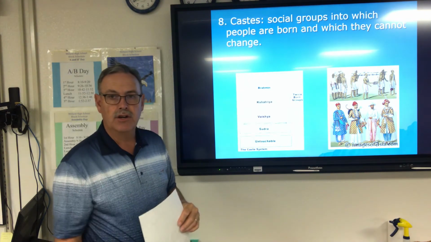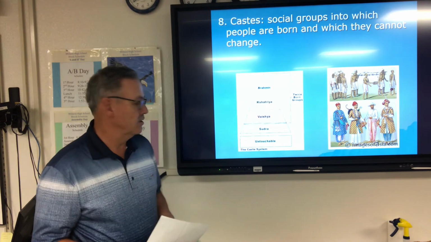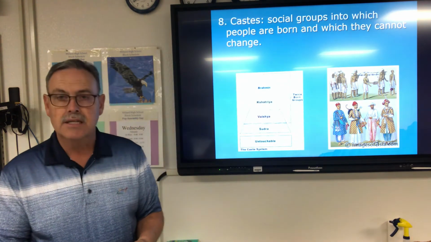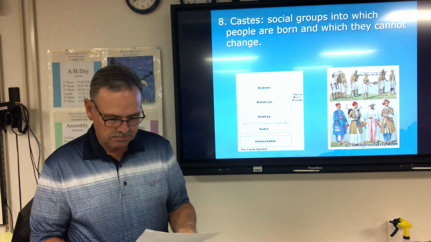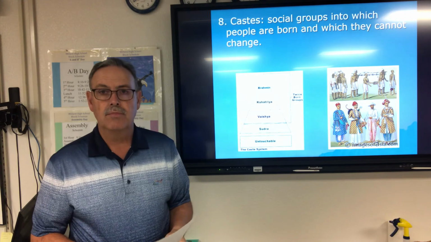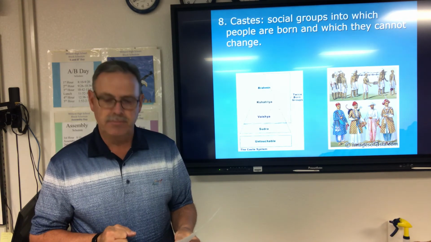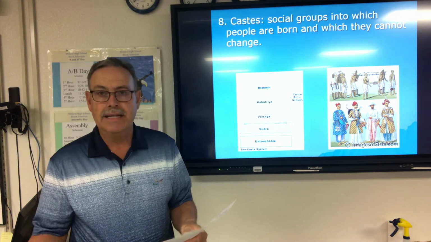We'll talk about reincarnation in a bit. But then you've got this group called untouchables. At the lowest level of Indian society were the untouchables, and they made up about 5% of the population.